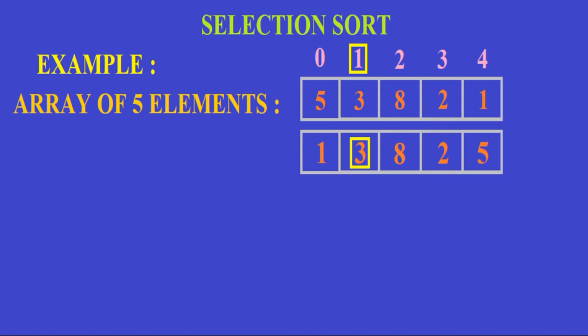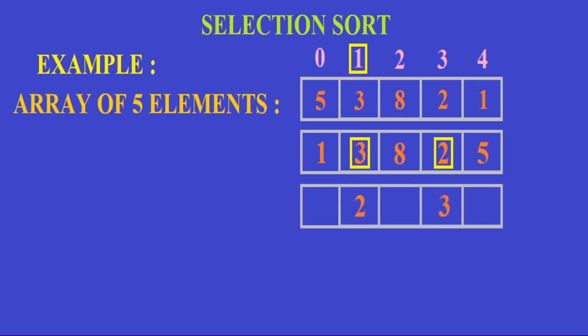Again, the smallest element will be selected and interchanged with the element 3. Here, 2 is the smallest element, so 2 and 3 will interchange their positions. Now, the new array will look like this: 1, 2, 8, 3 and 5.